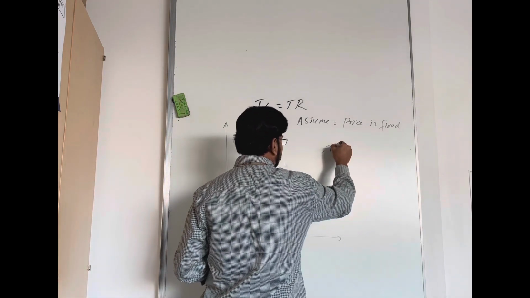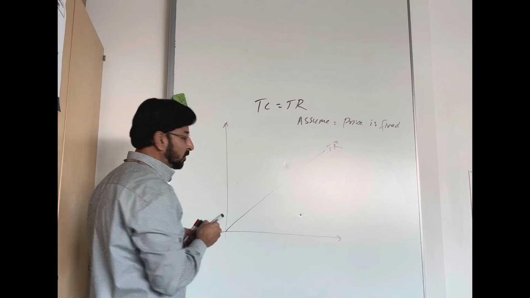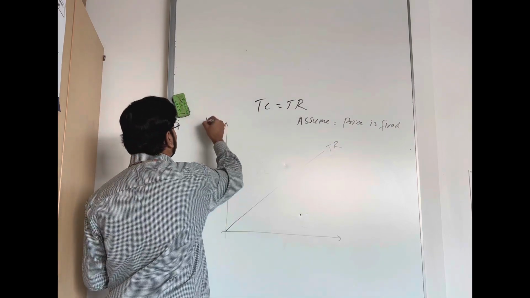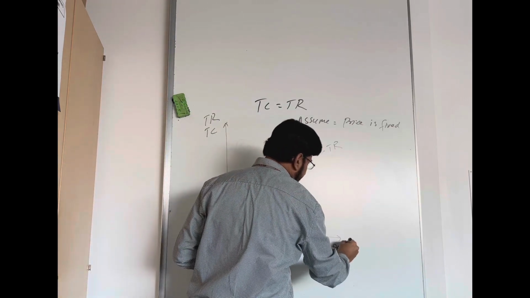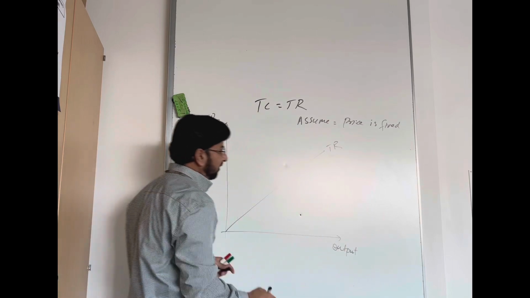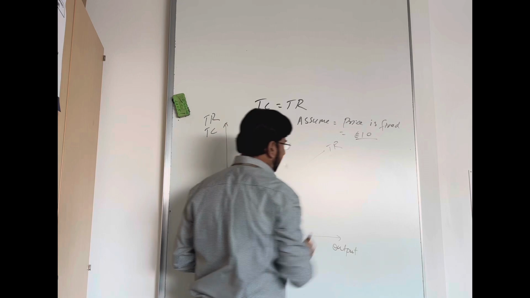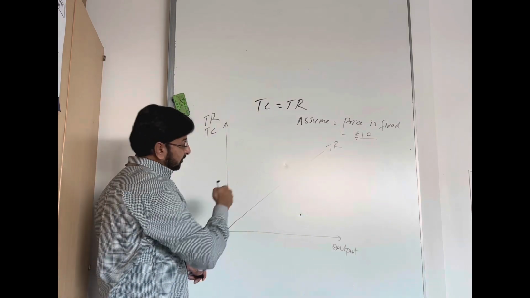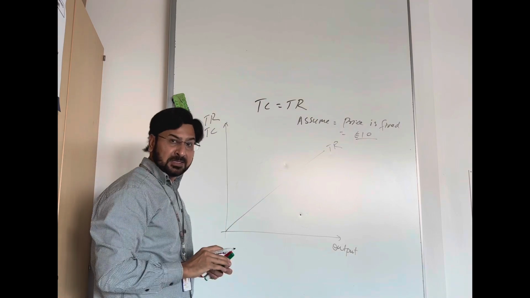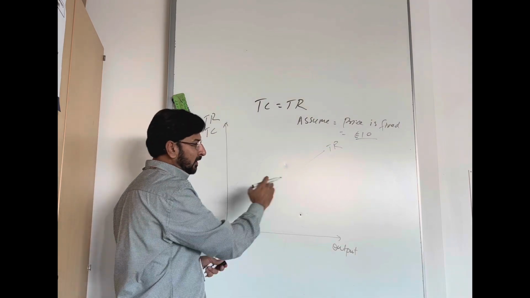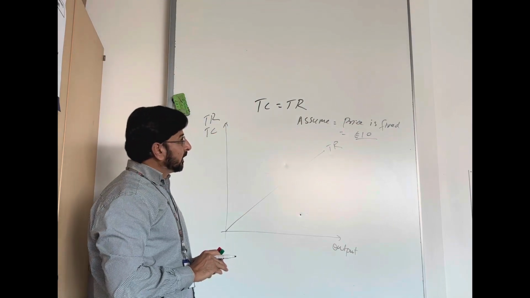This is your TR because price is fixed. Obviously you need to label both axes, so I'm going to take revenue and cost here, and this is your output. If price is fixed at 10 euro per unit, as you sell more and more units, your revenue increases constantly: 10, 20, 30, 40, 50, 60. So this is upward sloping.